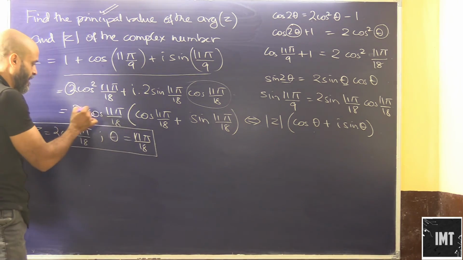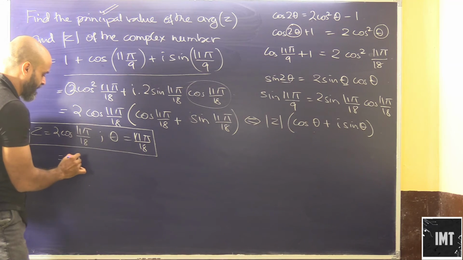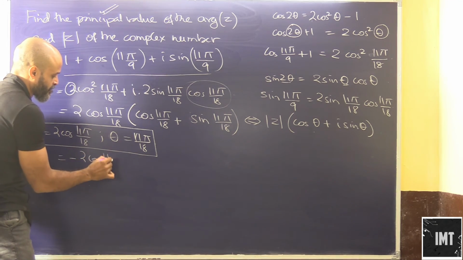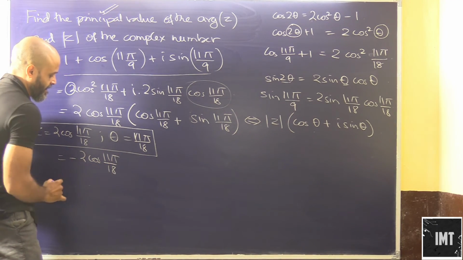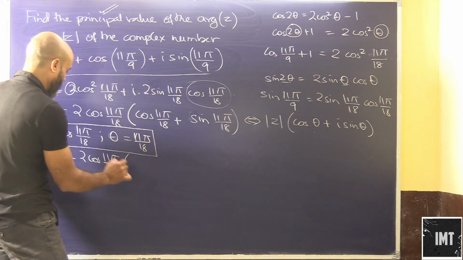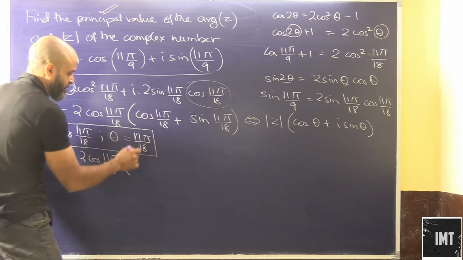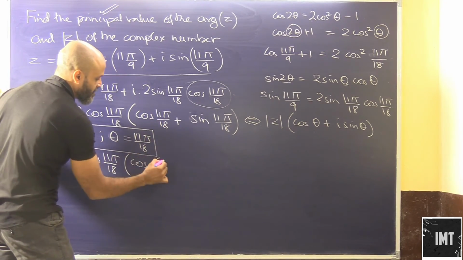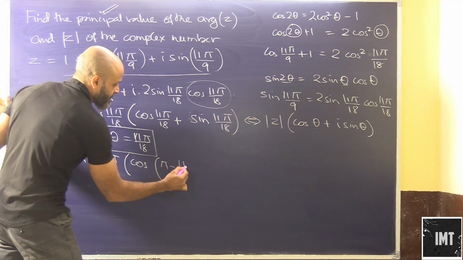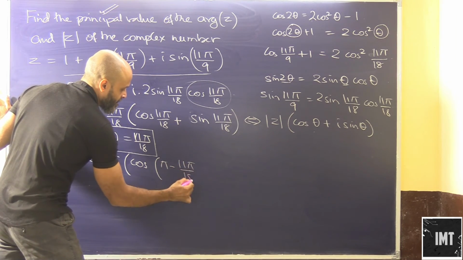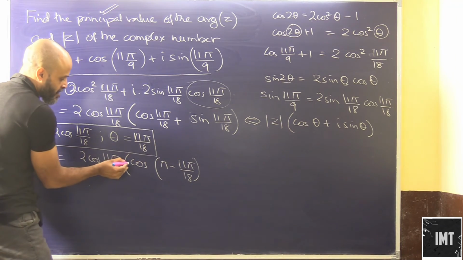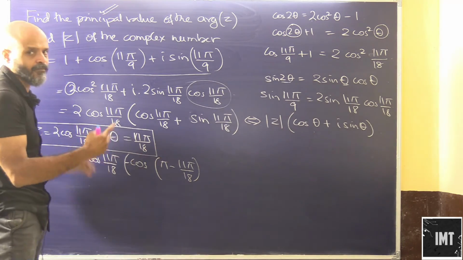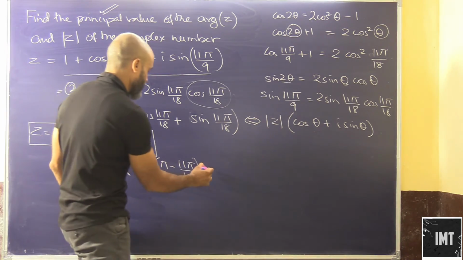If I multiply, I can write this as minus 2 cos 11 pi by 18, or I can write this in this form: 2 cos 11 pi by 18 into cos of pi minus 11 pi by 18. Can we write this? Yes, we can. So this will be a minus 1 because cos of 180 minus theta is minus cos theta.